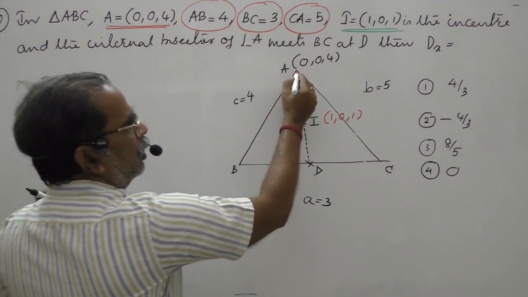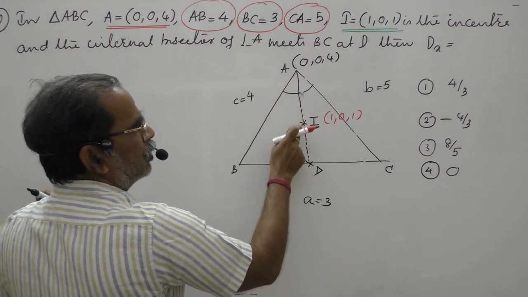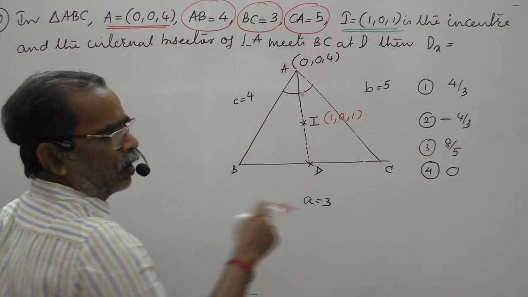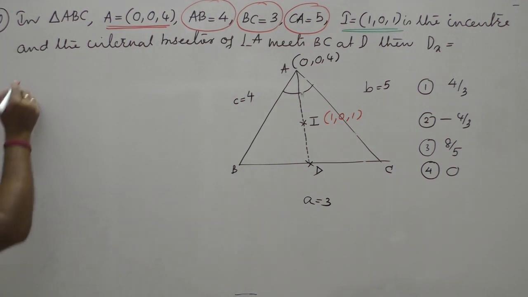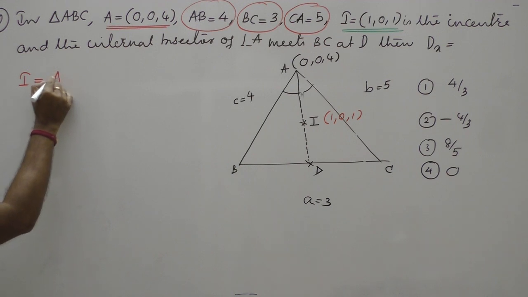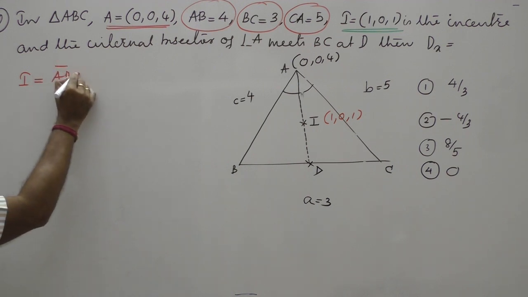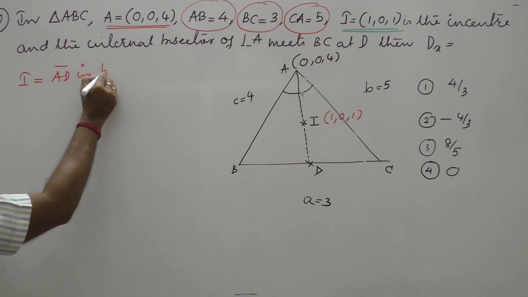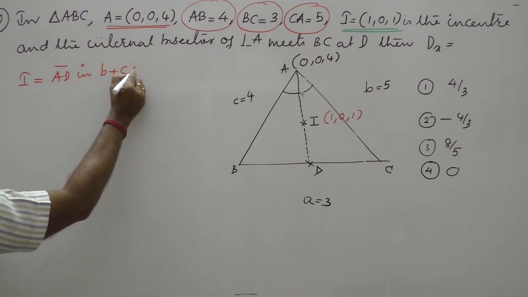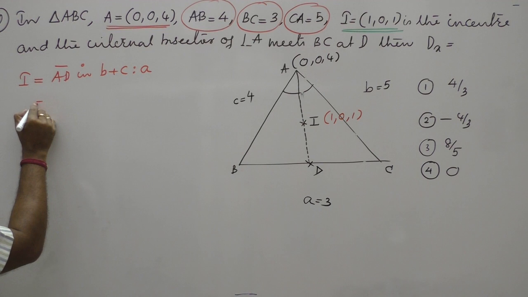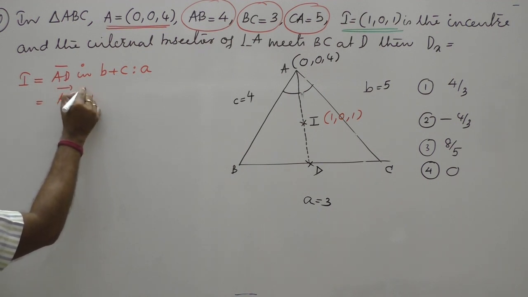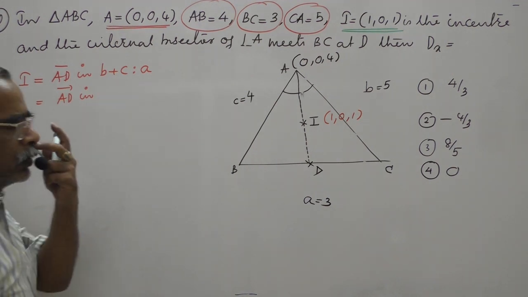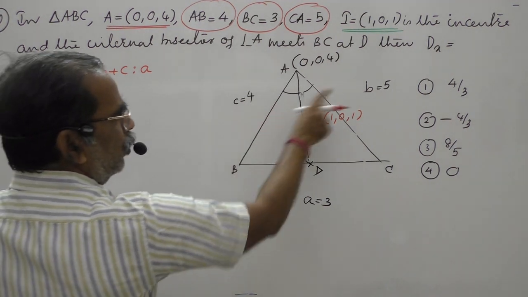So here what is this? Incenter lies on all the internal angle bisectors. See, internal angle bisector, I is there, no? I divides the internal angle bisector AD in the ratio B plus C is to A. See the concept video. This divides AD bar in the ratio B plus C. What is B plus C? B plus C means 4 plus 5.